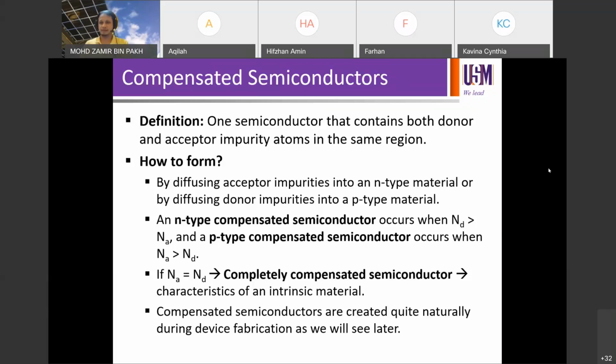So, what else about degenerate semiconductors? Any other important properties of degenerate semiconductors that we haven't mentioned?